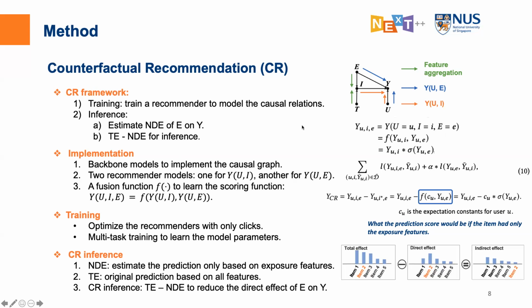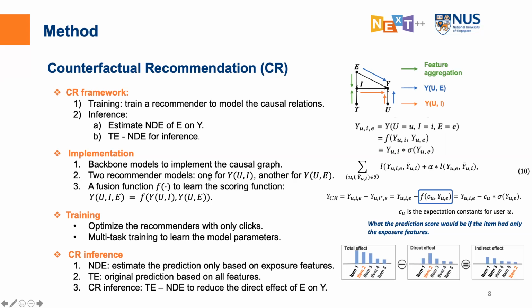Actually, because the regular recommender model doesn't capture this direct effect, this direct part, in their design, in their implementation, we add a separate branch to model the effect of these parts, and we fuse these two parts into the final score, and then we can mitigate it during inference.